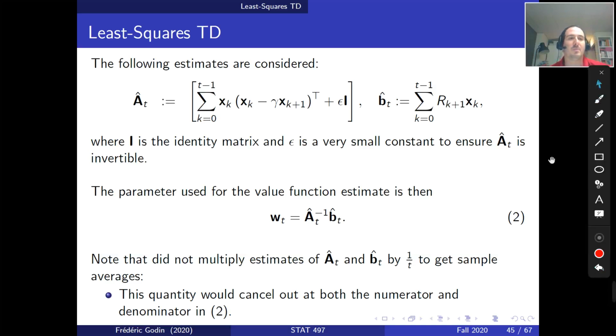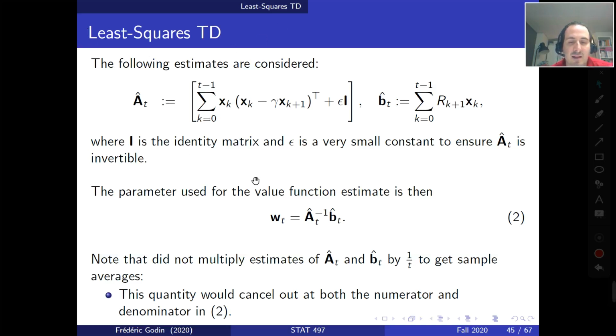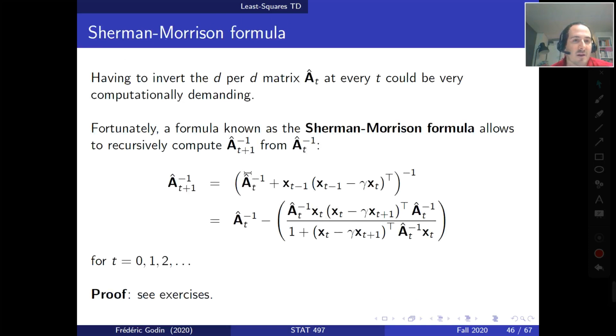This might be problematic if we wanted to apply the least squares TD approach directly, but fortunately there's a formula called the Sherman-Morrison formula, which you'll need to prove in the exercises. It allows for a recursive computation of the inverse of A directly, so you don't have to do a full numerical inversion of the matrix A on every time step.